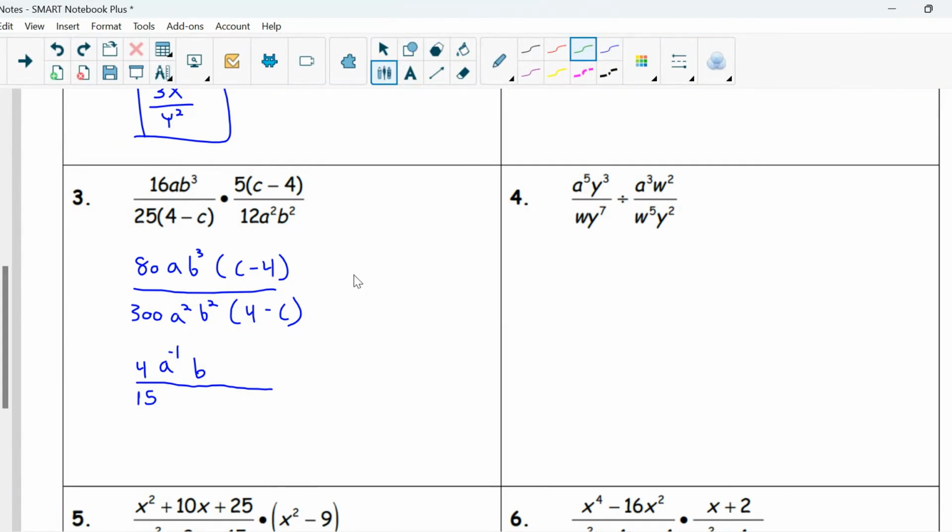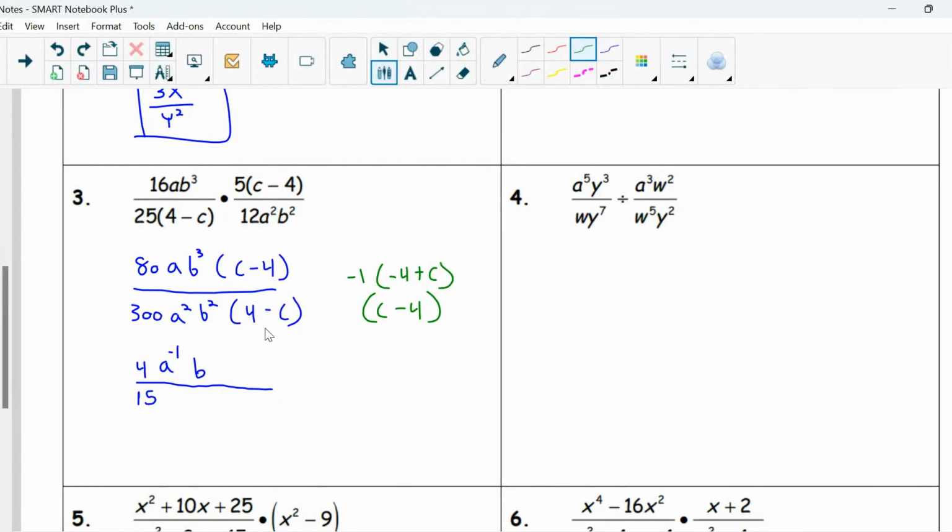So if I was to take negative 1 times negative 4 plus c, which is just my numerator here flipped around, that's going to give me, well, that's the same as saying c minus 4, which is my numerator.